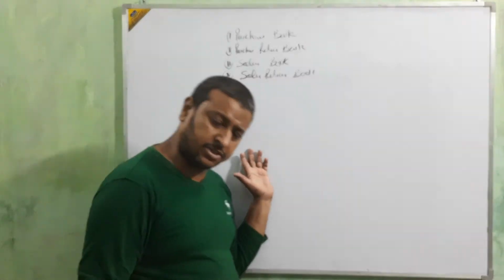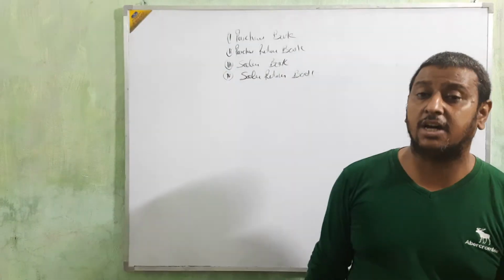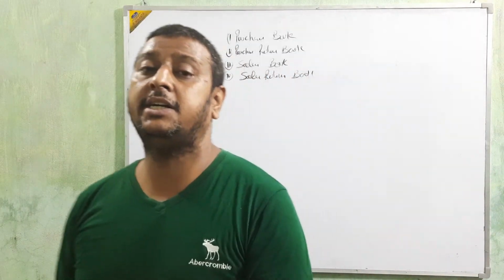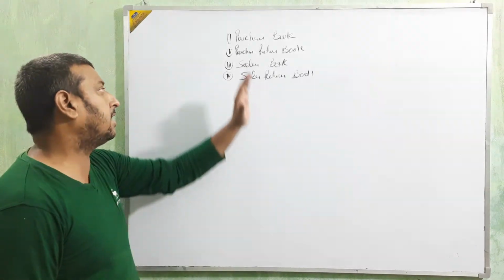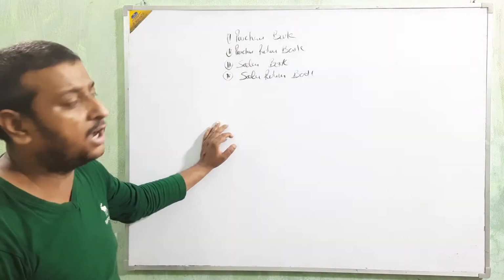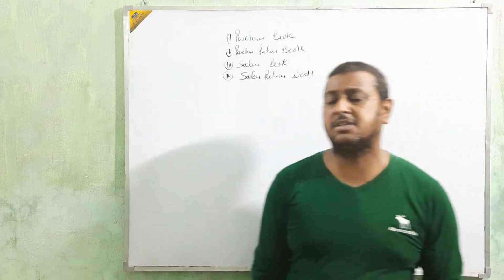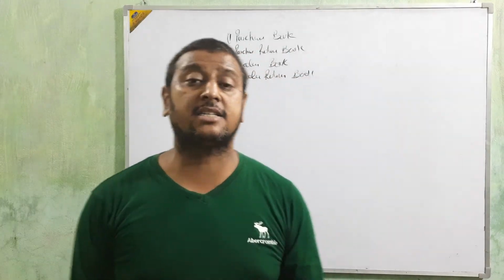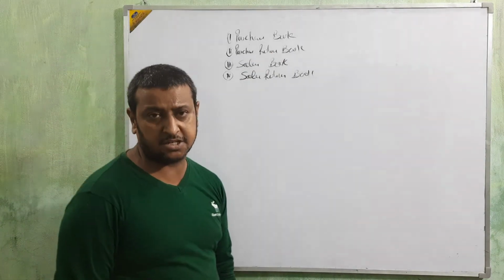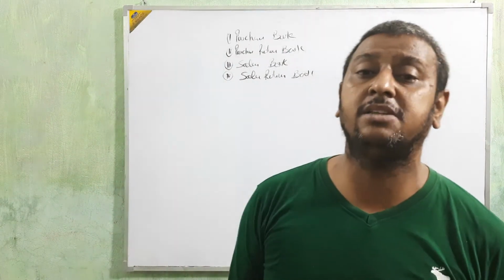And last is the journal proper. In the journal proper we are going to enter those transactions which do not come in any of these books. Okay beta, the type of transaction which does not come in the sales book, purchase book, sales return, or purchase return book will be transferred to journal proper.